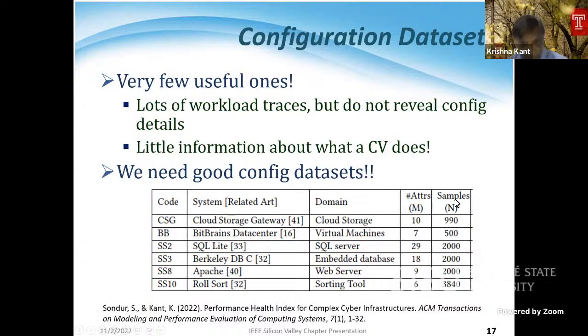If you look at the public data sets, it's very difficult to get decent data sets for configuration management analysis. There are lots of workload traces, but they don't really say much about the configuration information. We did find a bunch of workloads and their configuration parameters, but there's very little information about what these configuration parameters do.